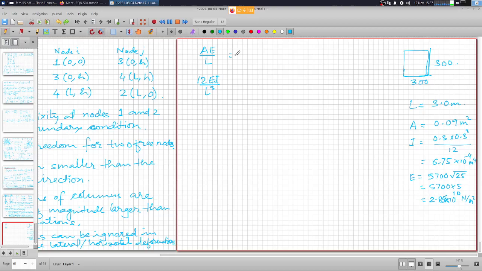So that is 855 into 10 to the power 6 Newton per meter.